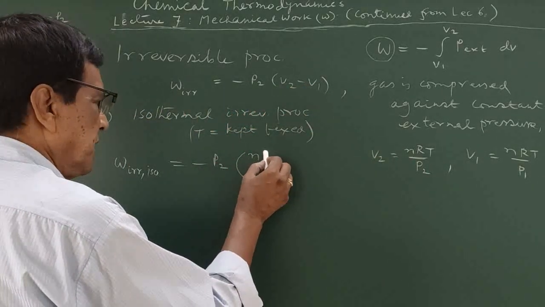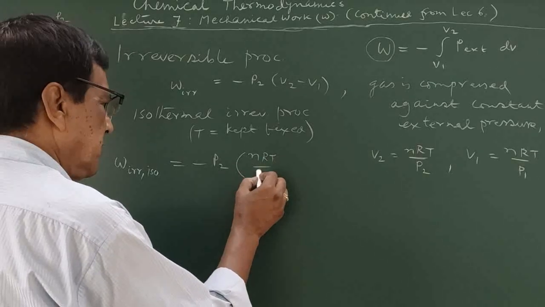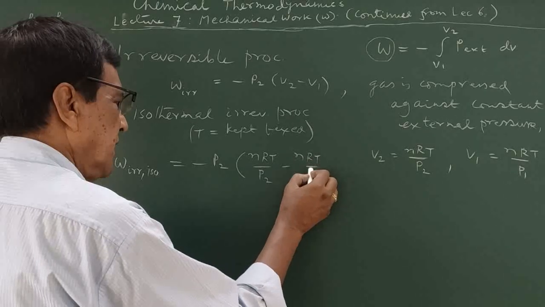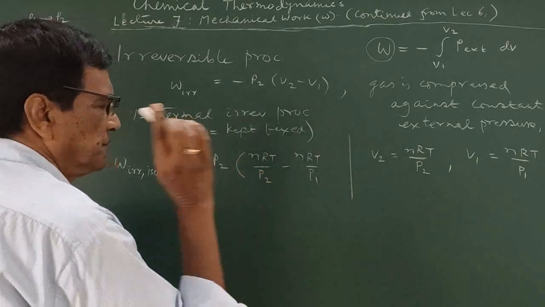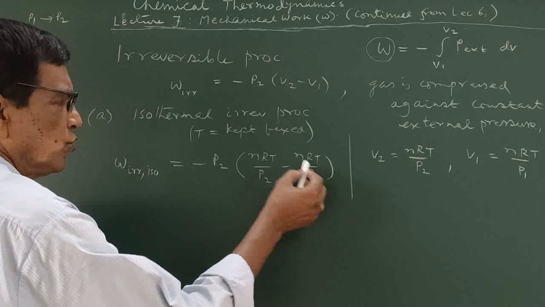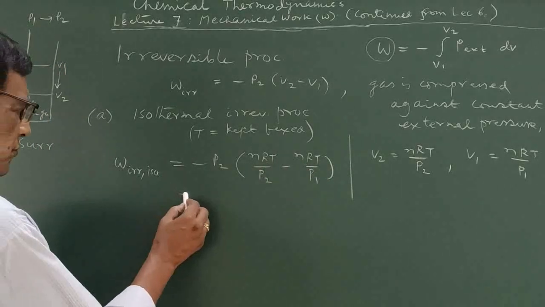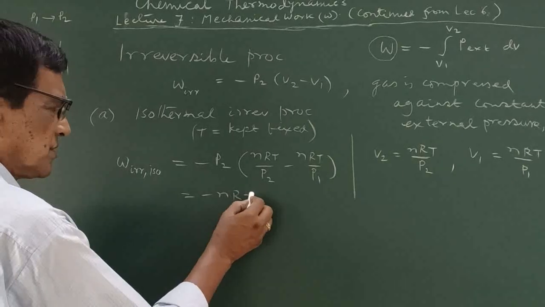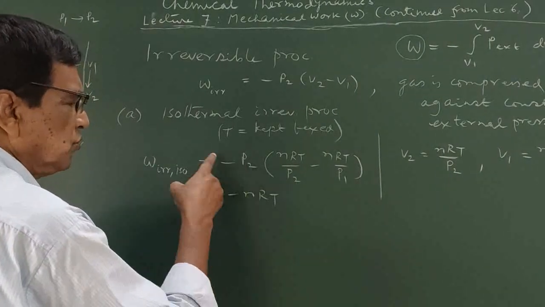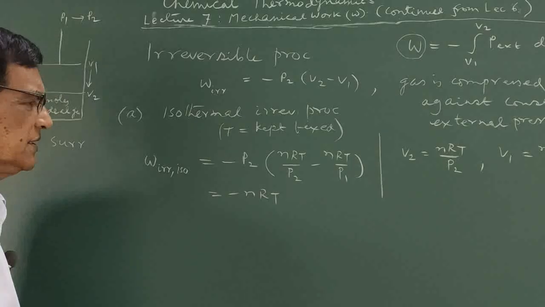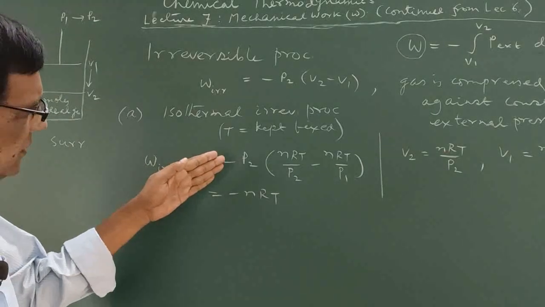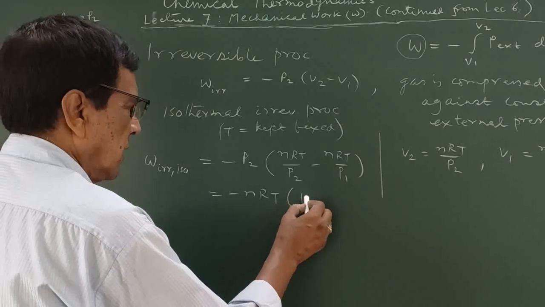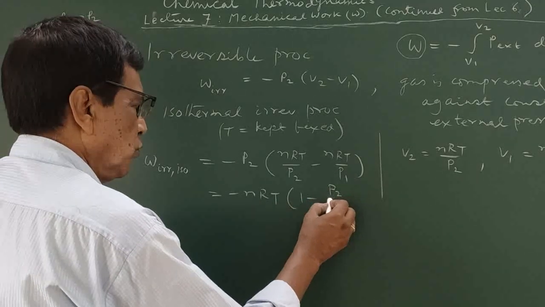So nRT divided by P2 minus nRT divided by P1, bracket close. If we bring nRT outside of this bracket, and keep P2 inside the bracket, then it will be 1 minus P2 by P1.